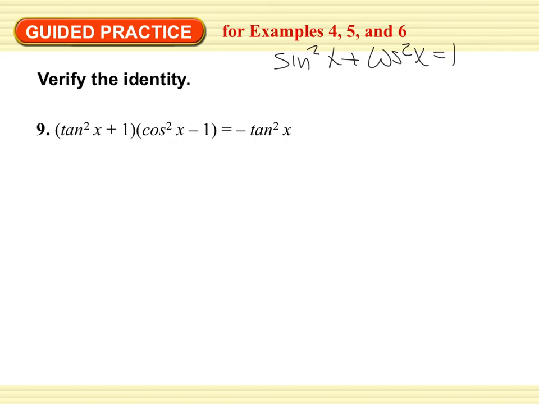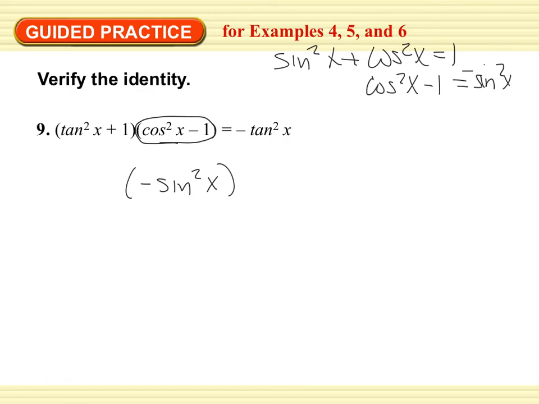So cosine squared x minus 1. So if I subtract 1 from both sides, that means I'd have to subtract sine squared x from both sides. So I've got negative sine squared x. That's a little messy, but let's do it.